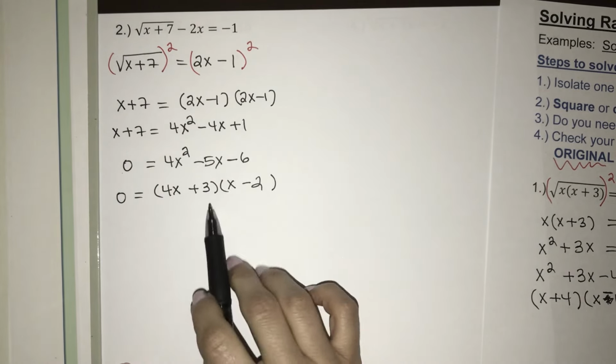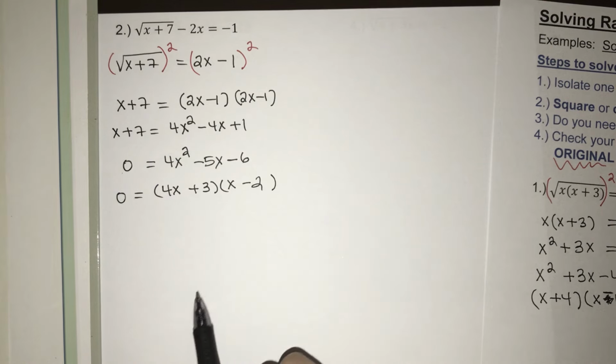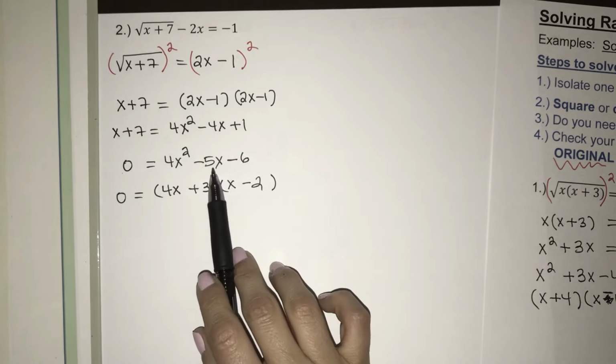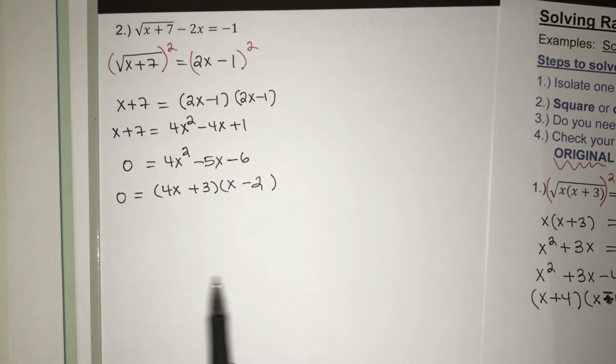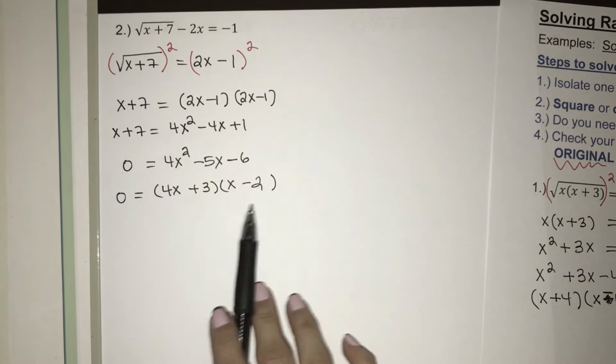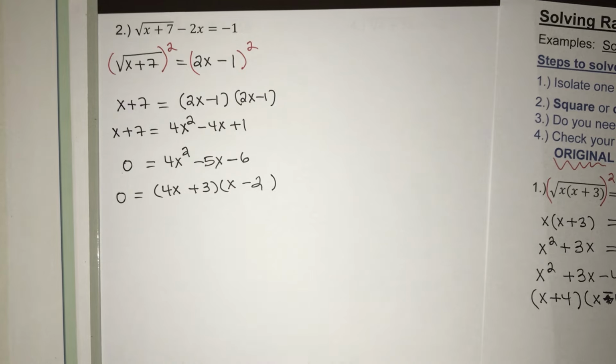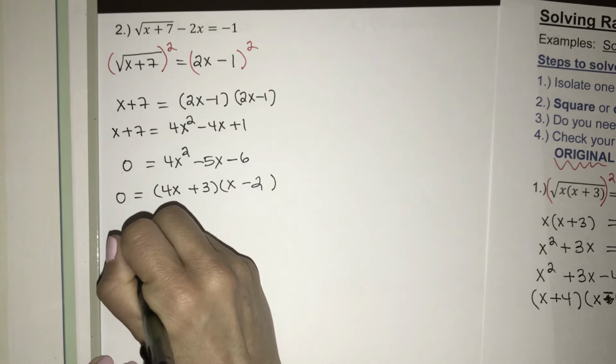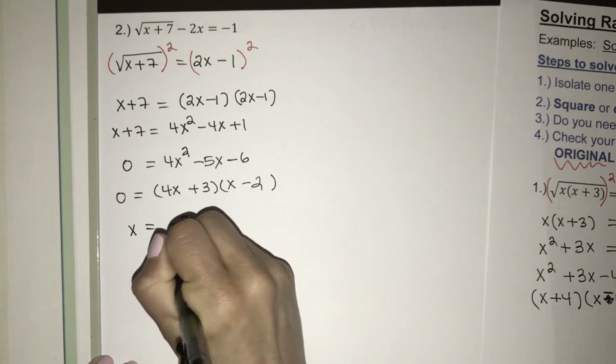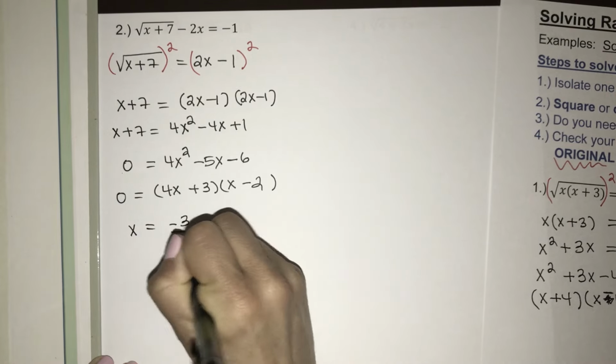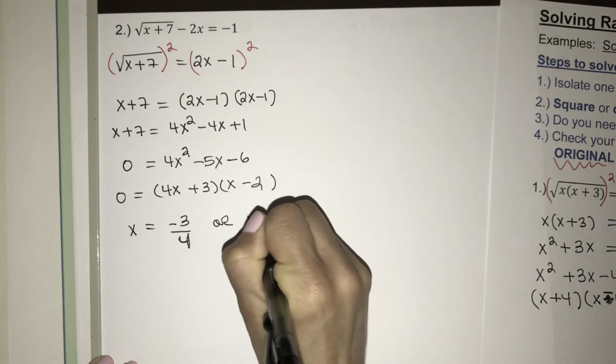So always check if you're factoring, make sure that you check your work here. Make sure that you get negative 5 as the middle term. So once that's done, we set each of the factors equal to 0, and we get that x is equal to negative 3 over 4, or x is equal to 2.